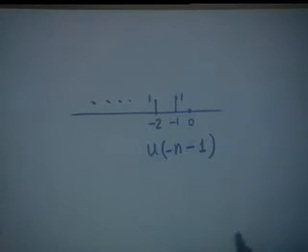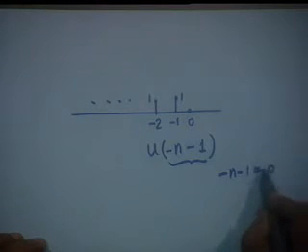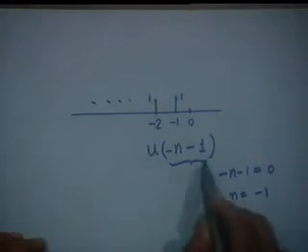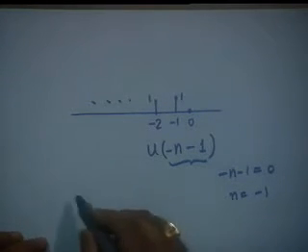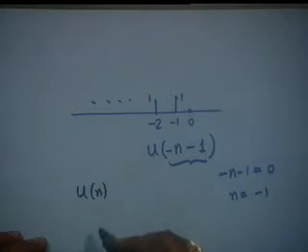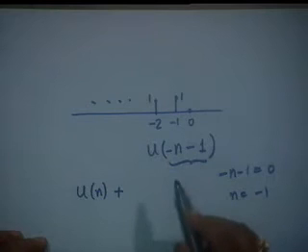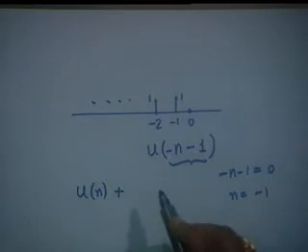The definition of u of n is that it starts where the argument equals 0. Where does this start? Minus n minus 1 equal to 0, so n equal to minus 1. So this signal is u of minus n minus 1. Is this point clear? u of minus n minus 2 will start at n equal to minus 2.